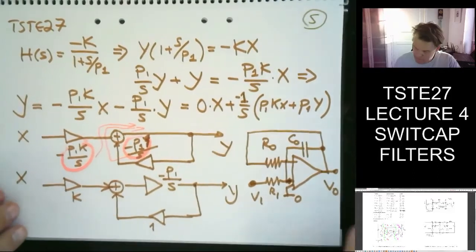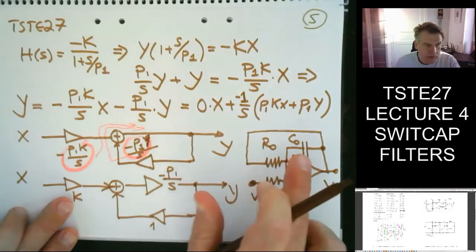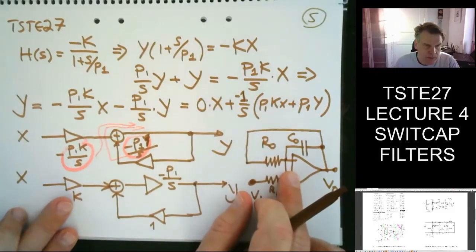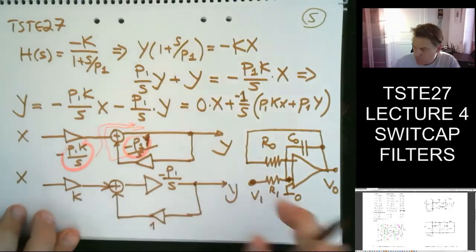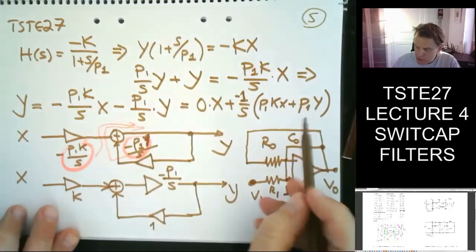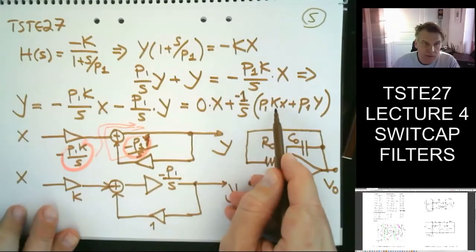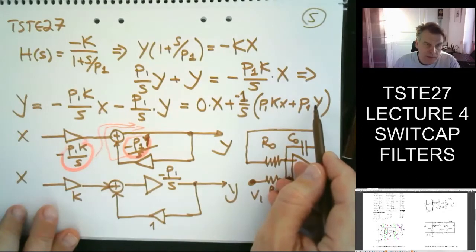Okay, so just identifying from the flow chart, and then we take a reference implementation. And then we need to do one more thing before we're done. What do I know from this flow chart? I know that I have P1 times K as a value, and I also have P1 in the other one.